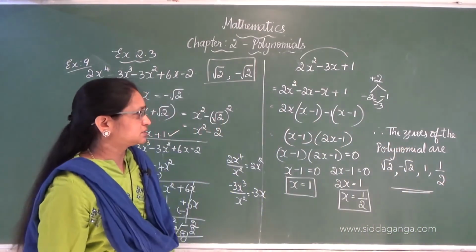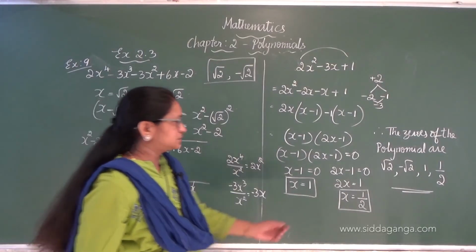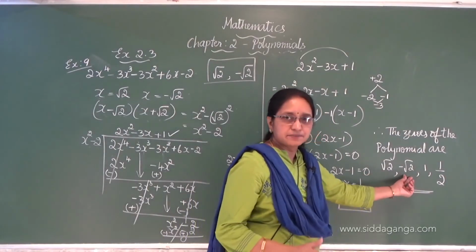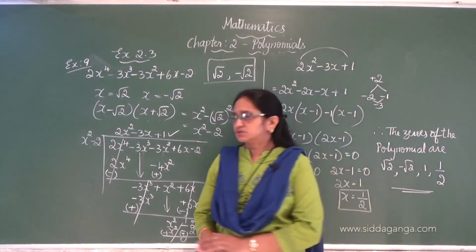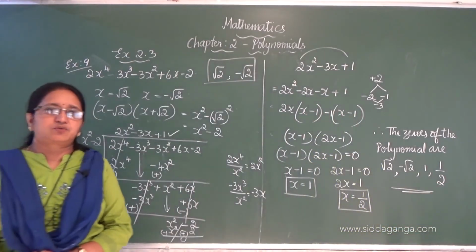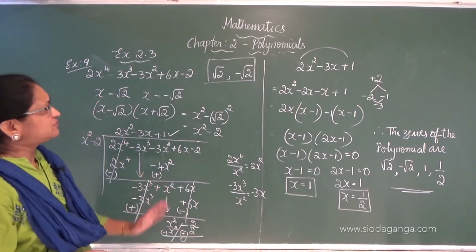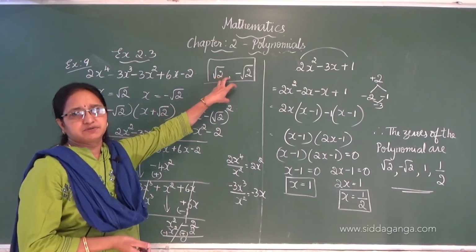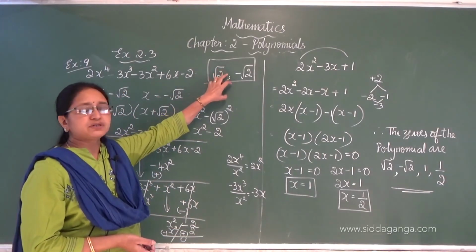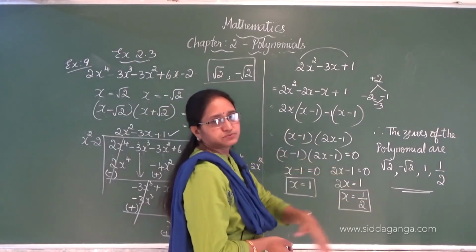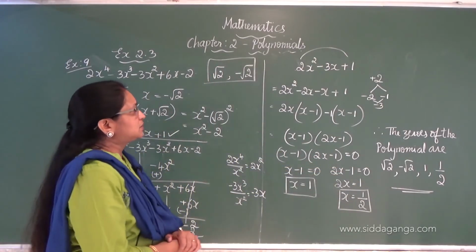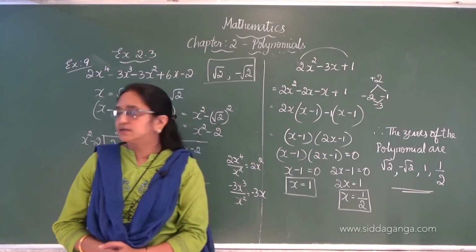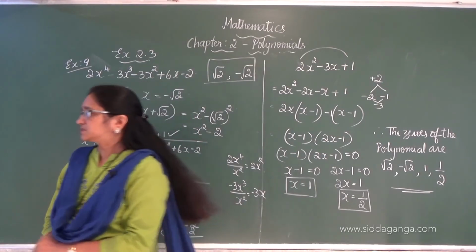See, like this you have to find out. Root 2 and minus root 2 were given, and we found another 2 zeros. So this is the method to obtain the zeros when some of the zeros are given. So 2 zeros are given, you will find another 2. That's it. So now we shall do the question which is given in your exercise problem, that is the third one.